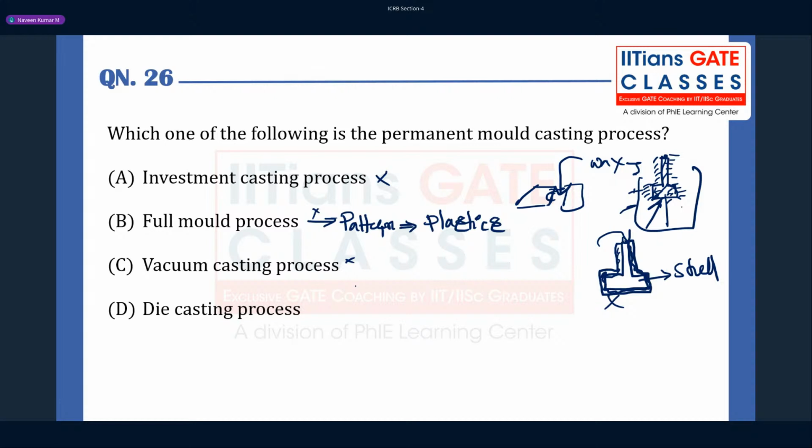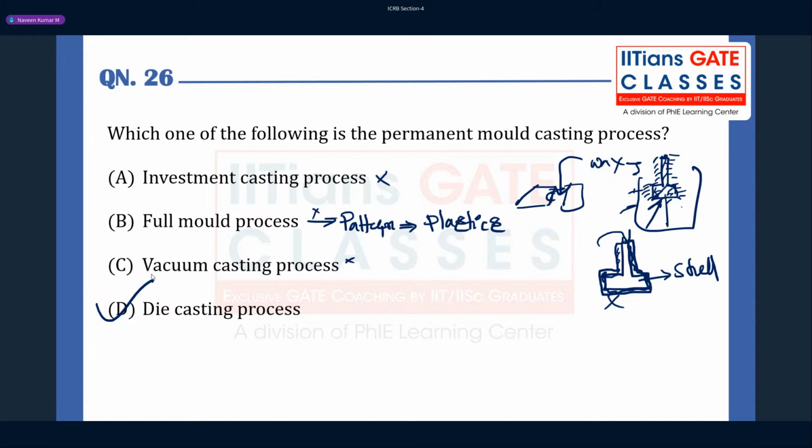The only place where you reuse your mold cavity again and again is die casting, where molten material is directly pressurized into the die. There are cold chamber die casting, hot chamber, all these things. You pressurize it, you solidify, again you remove it, again you close it, again you do it.